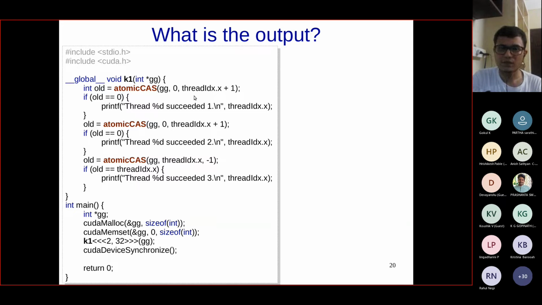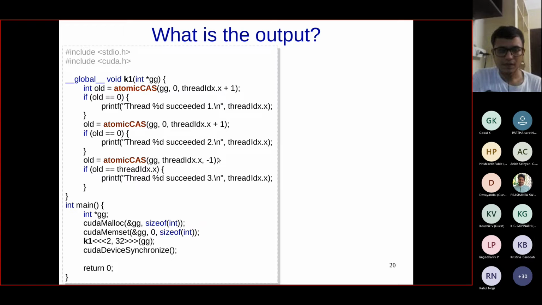Let's say threadIdx.x was 1; then the thread which will succeed here will be thread 2, because the value of GG would be set to 1 plus 1, which is 2. So 2 equals threadIdx.x, and this check will succeed only for thread 2, because GG is 2.